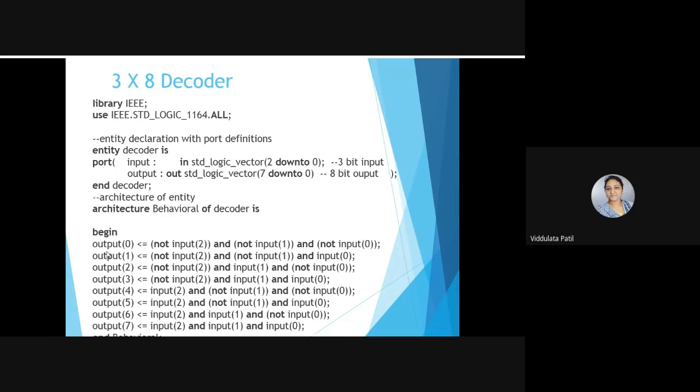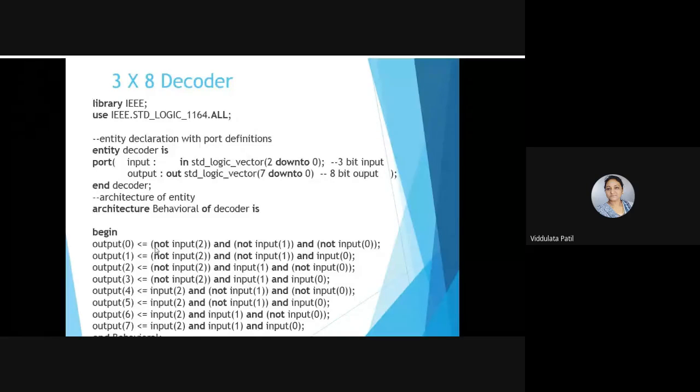Now we are considering each of these 8 outputs. Output 0, that means the 0th output, the LSB of this vector, will be assigned to not. If you have the truth table for this decoder, then you can get the Boolean expression for the output. The 0th output, if x, y and z are the 3 inputs, is x bar, y bar, z bar.